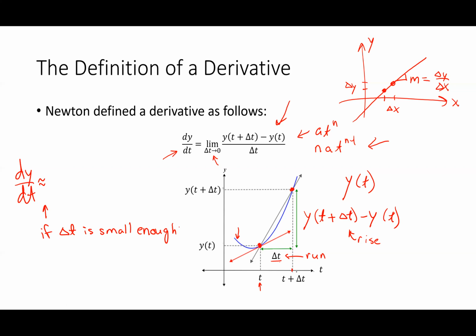It's actually not that hard, but I know it's hard for people to get their mind around at first. If delta t is small enough, y of t plus delta t minus y of t, this guy here, basically what this means is I can take two points that are close enough together, take the difference between them and divide by the time step. So this delta t, sometimes I'm going to call this the time step.